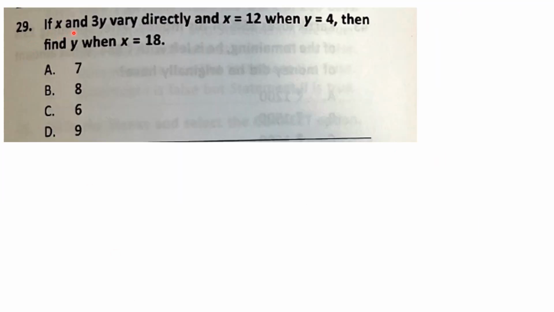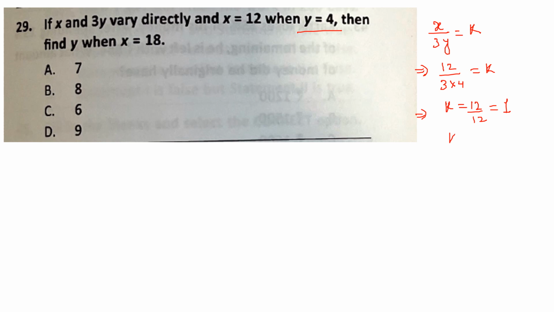Question number 29. If x and 3y vary directly and x equal to 12 and y equal to 4, then find y when x equal to 18. So when x and 3y vary directly, then it is a direct proportion. So it means the ratio of x and 3y will be a constant. So from here I can write x by 3y will be a constant. So let's find the value of the constant. So x is 12, y is given as 4. So 3 into 4. So from here I can see k will be equal to 12 by 12, which is 1.